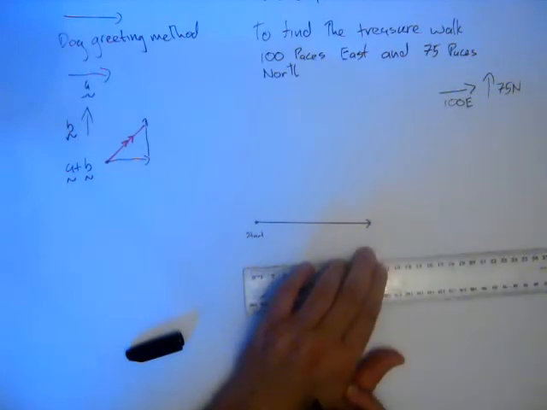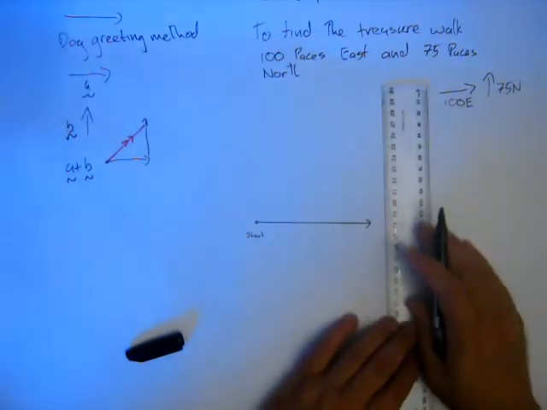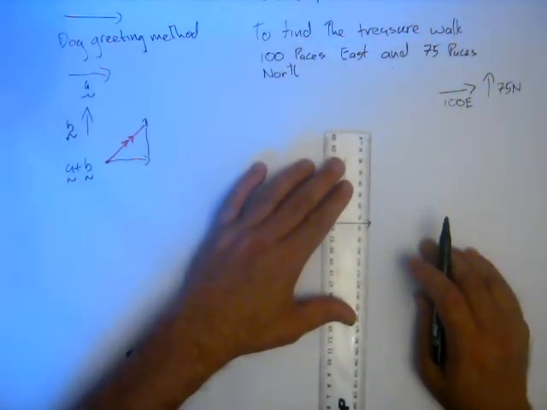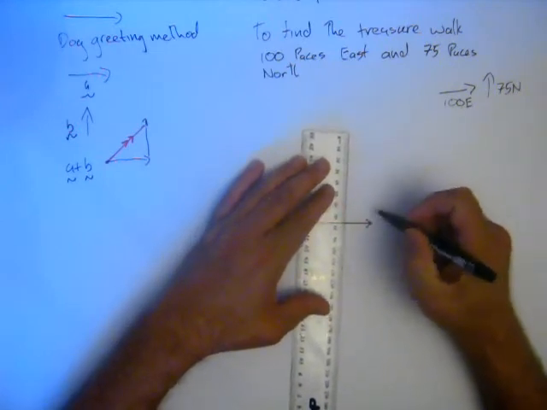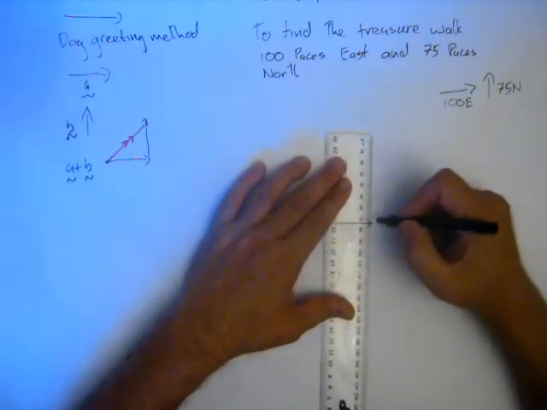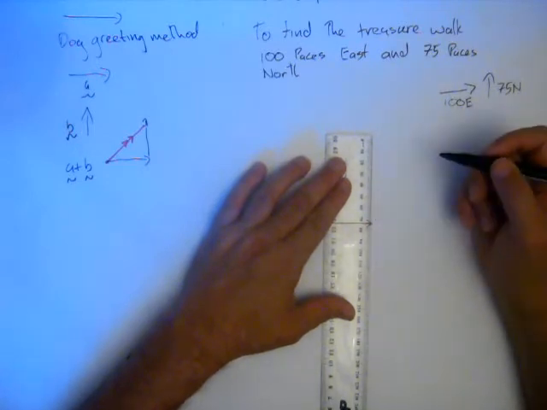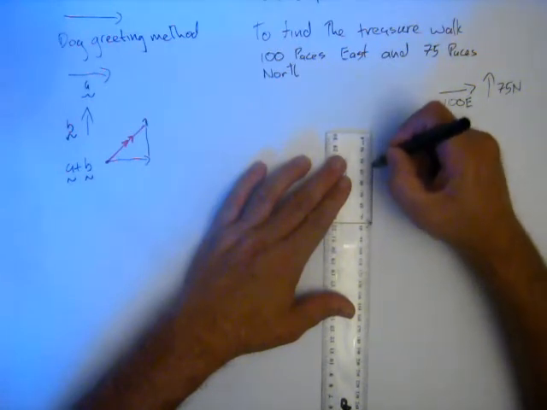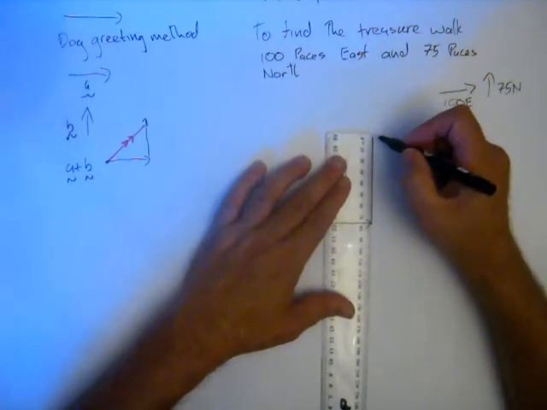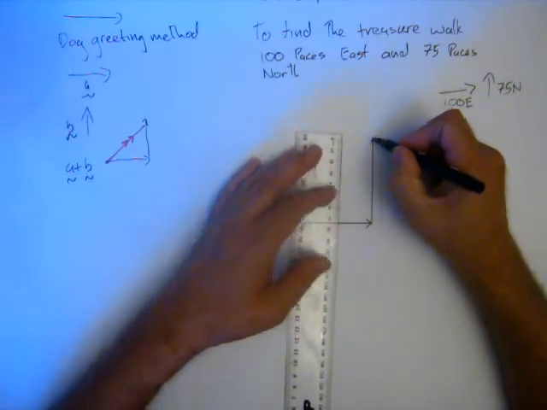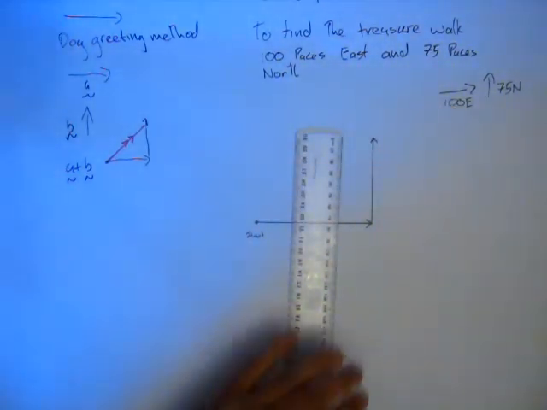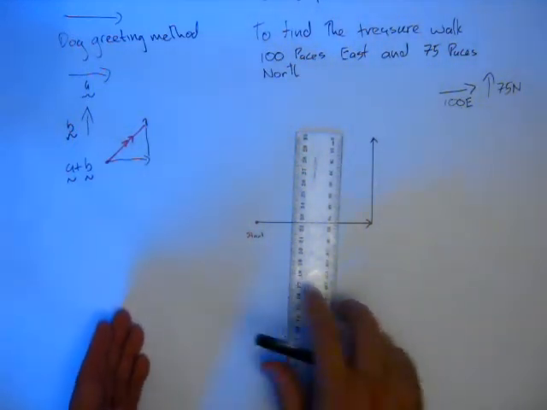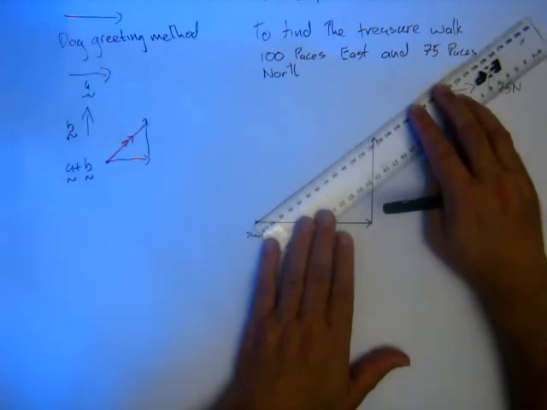Then I get to this point here, and then I have to go 75 paces north. So from where I ended up, I now go north 75 paces. Because we said 1 millimetre is 1 pace, we'll go 75 north, and I end up here. Now, how far have I travelled from my start point? I grab a ruler.